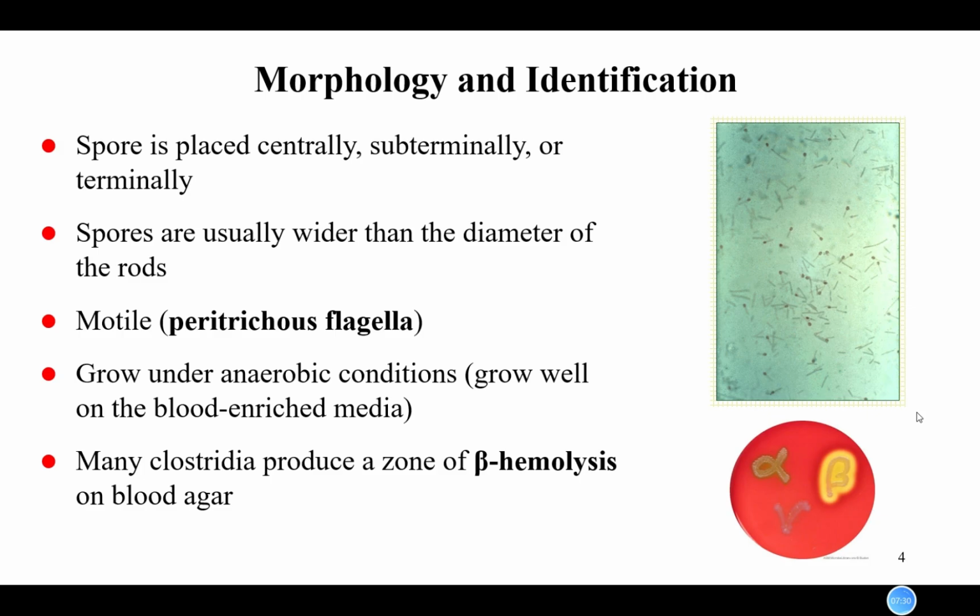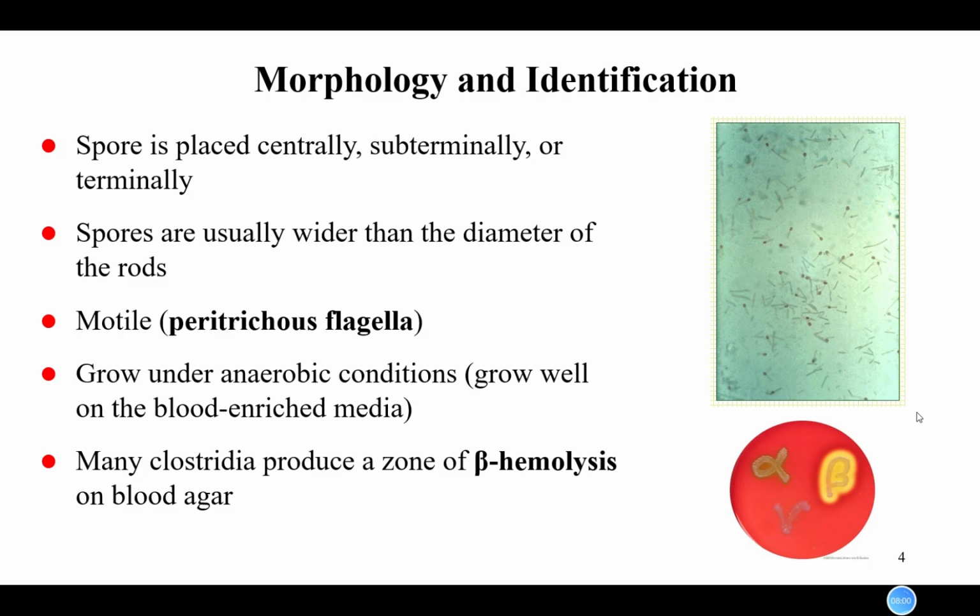Some are subterminal. Subterminal means that it's close to the terminus, but not exactly. And the spores are usually wider than the diameter of the rod. Like this, if you see, this is the terminal spore, and the spore is wider than the bacteria itself.